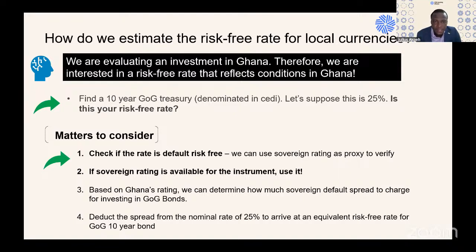Mamle is asking, is the sovereign rating for the government different from the sovereign rating for the instrument? It could be, but let's look at it this way. If the government issued multiple instruments and there's a rating on each of them, some may be more credible than others, depending on how the instruments are structured.